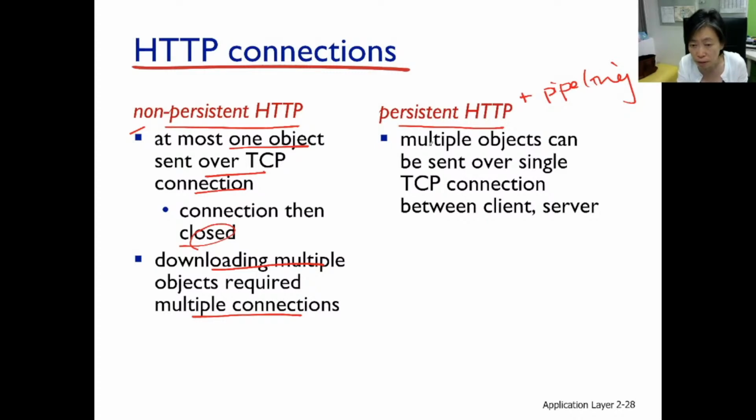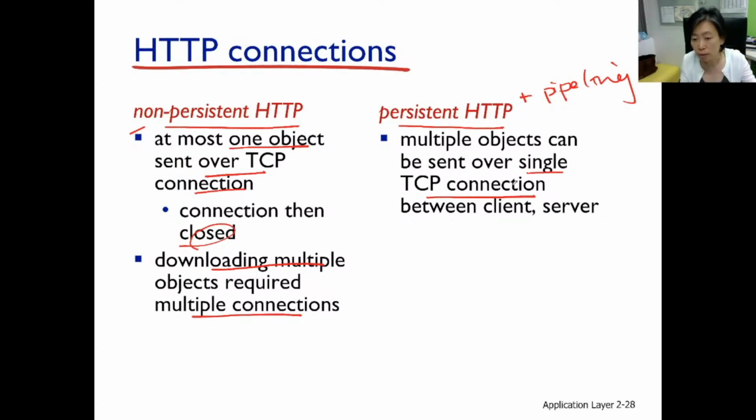Now in persistent HTTP, the main idea is, well, why do we keep opening TCP connections and closing them? Why don't we just reuse the TCP connection we have started in the first place? So in persistent HTTP, client and server establish the TCP connection, and then the first web object exchange, the second web object request and response exchange, and so on and so forth.